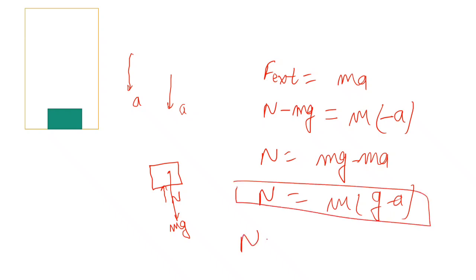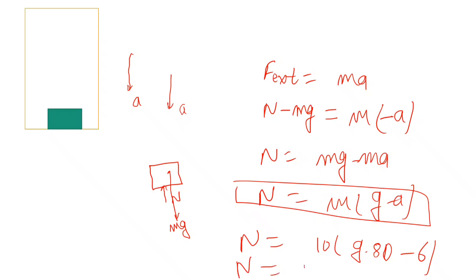Now N equals m times g, where g is 9.8, as I took in the earlier situation, and we put the value of m as 10.